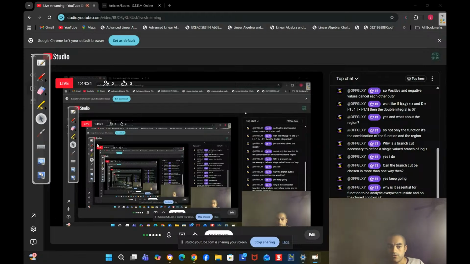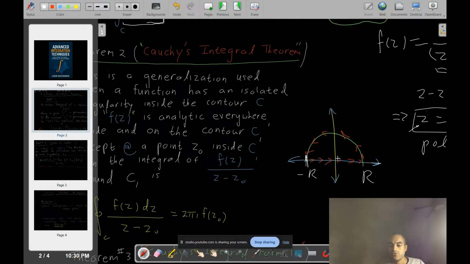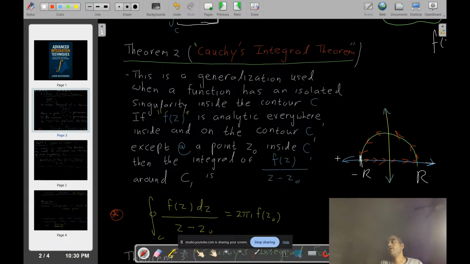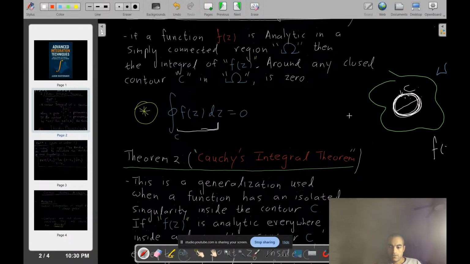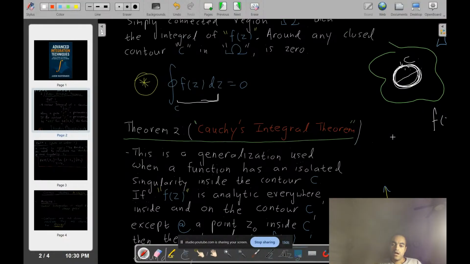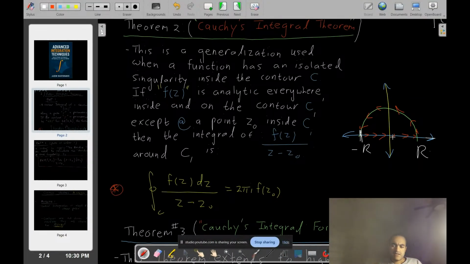Regarding this contour here, if we were to integrate, would it be considered a closed contour? I said no, because we get a non-zero value if we integrate over it. A closed contour would be something like a circle.